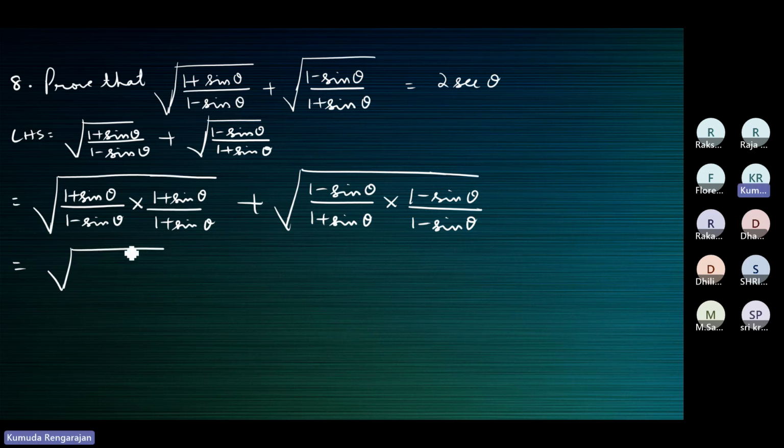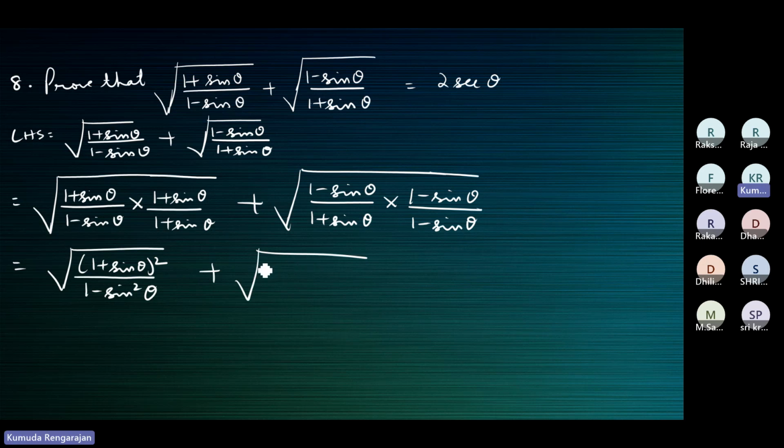So you get 1 plus sine theta into 1 plus sine theta, which is 1 plus sine theta the whole square, divided by 1 minus sine theta into 1 plus sine theta. A plus b into a minus b is a square minus b square.